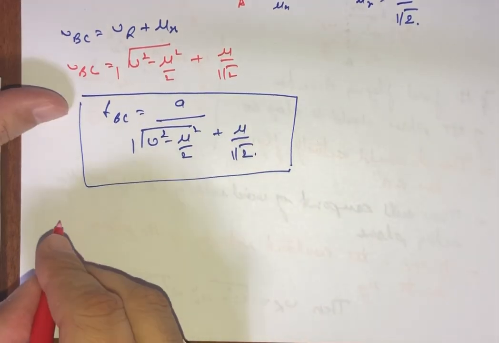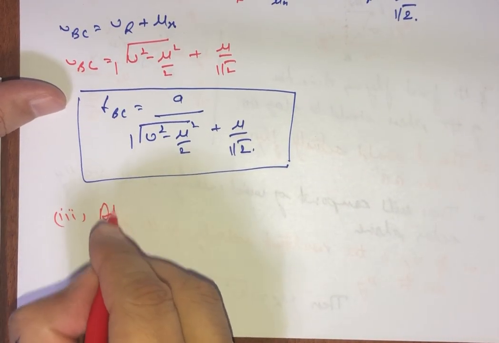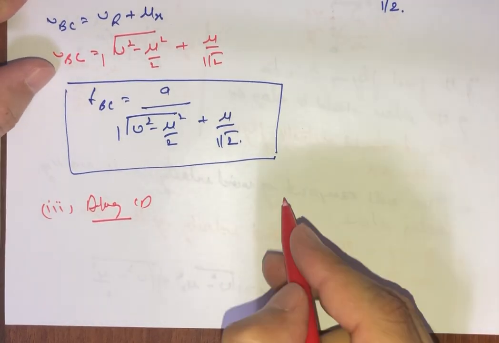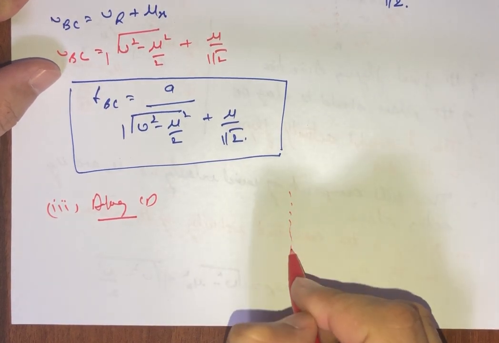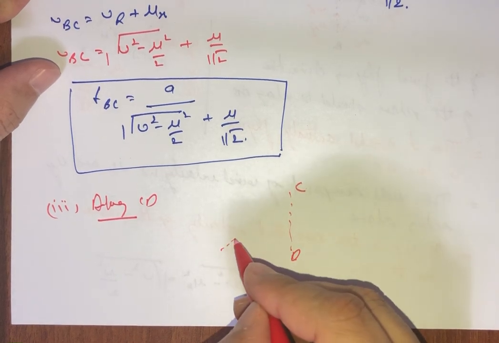In the third part, we have along CD. So now the plane should be actually flying in this direction, CD, and wind is in this direction.